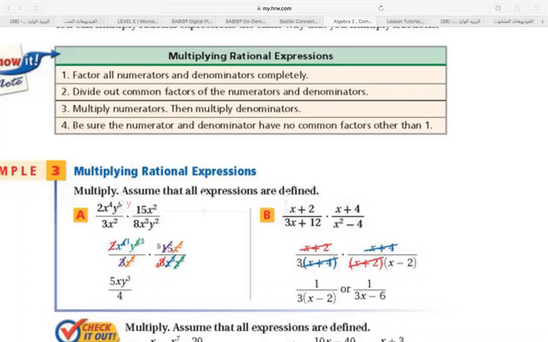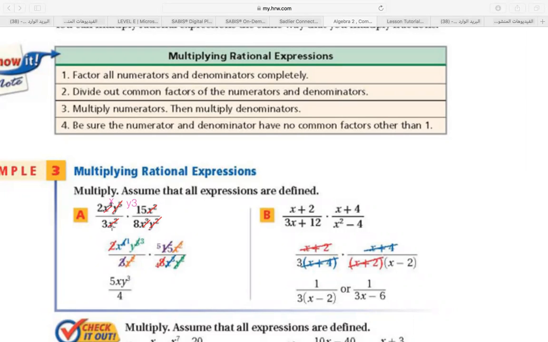Y to the power 3. And here what is left? X to the power 1. And what is cancelled? You have to cancel so you will not get confused. This is cancelled, this is cancelled, this is cancelled, and this is cancelled, and then I have y to the power 3. This is cancelled and I have x.